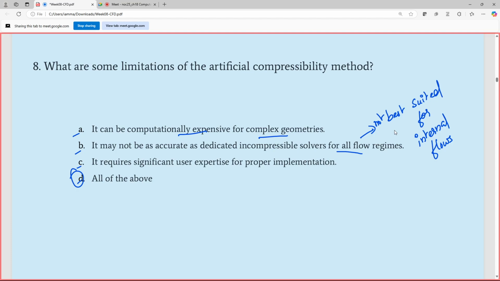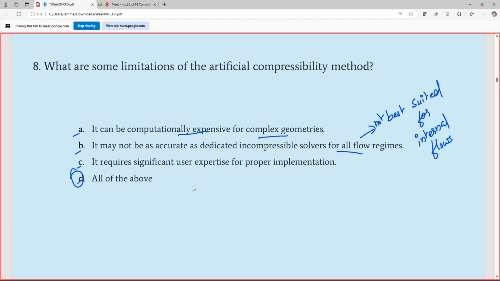Whereas for external flows such as aerodynamics calculation or some flow around bluff body kind of calculations, this artificial compressibility method works well. Option C, it requires significant user expertise for proper implementation.